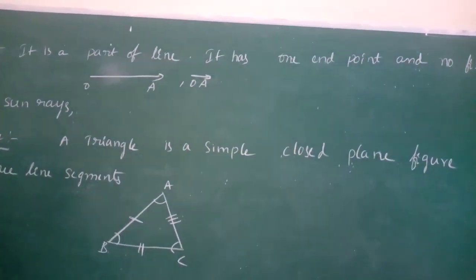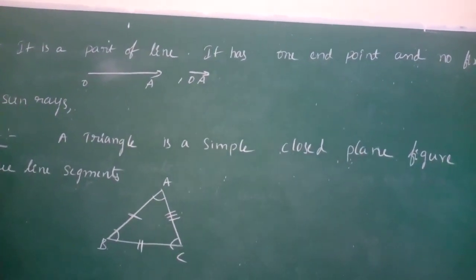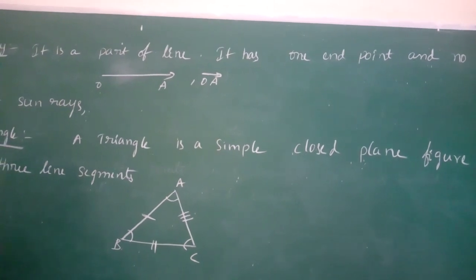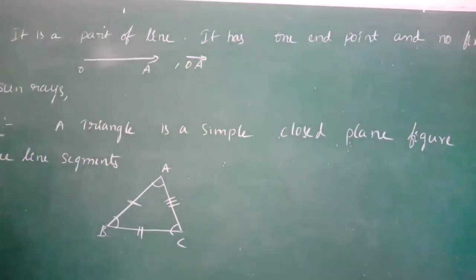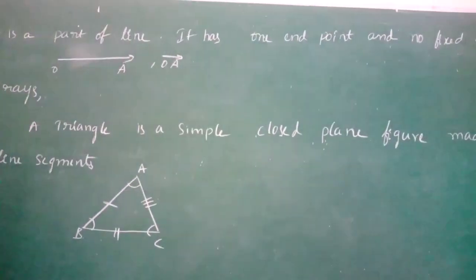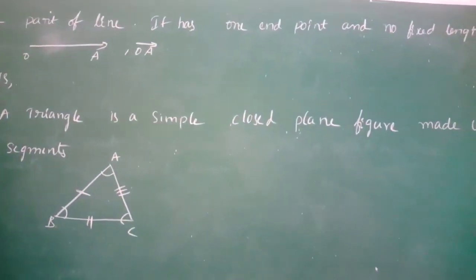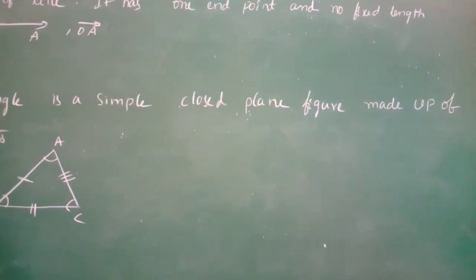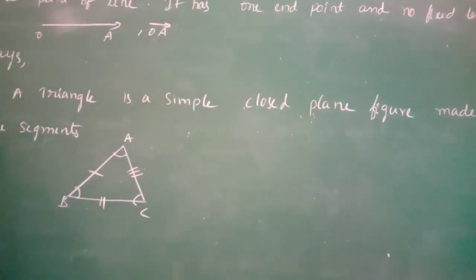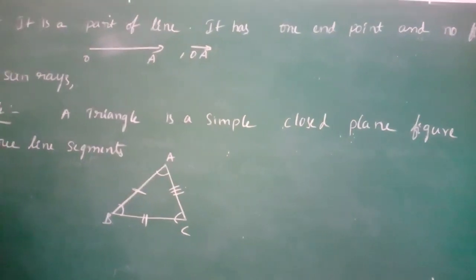Okay, children? Okay, I can ask one question. If a closed figure has 4 line segments, what do we call it? Yes, you know that? Quadrilateral. Do you know how to draw or construct a quadrilateral?